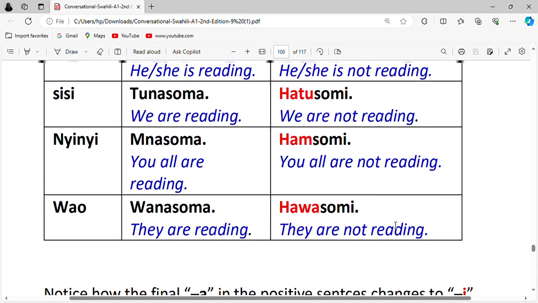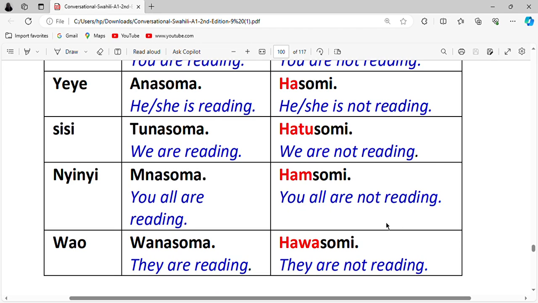Wanasoma, hawasomi. Now our verb was kuongea Kiswahili. You need to write, you listed, mimi ninaongea Kiswahili, wewe unaongea Kiswahili, yeye anaongea Kiswahili. Now make those sentences negative. Okay? You can write these sentences in your notebook, and also you can write in the chats, either on YouTube or on the website, or in the comment section, then I'll check.